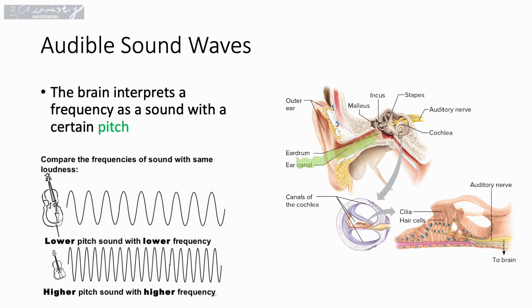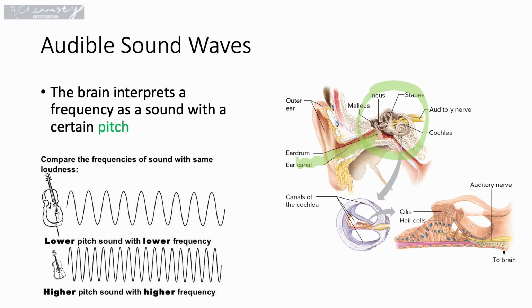As it enters the eardrum, the vibration of the sound moves the ear bones and vibrates the oval window, and that is where the sound is being detected.